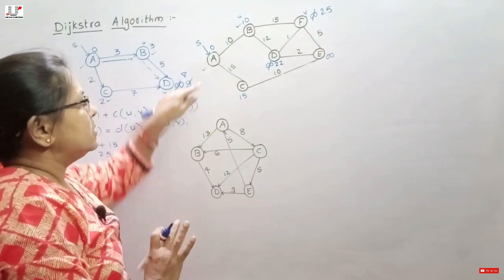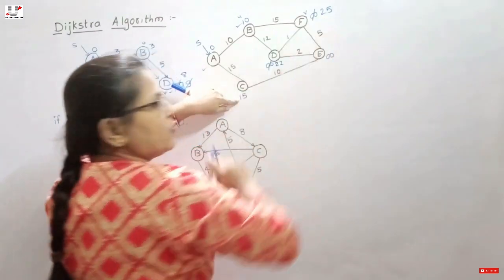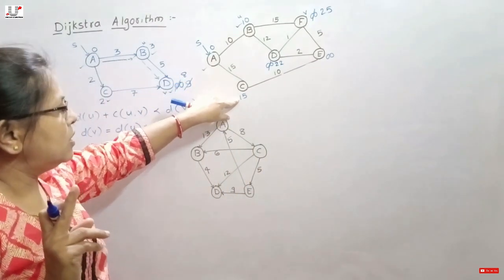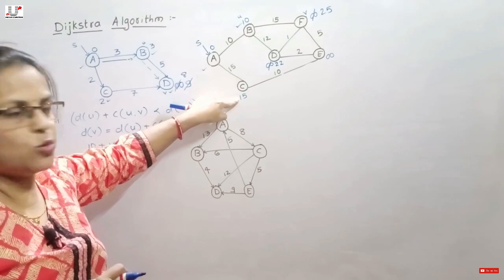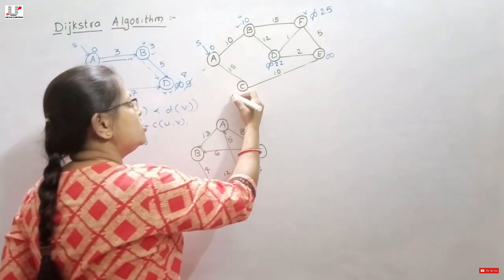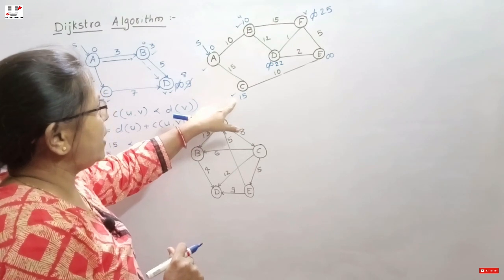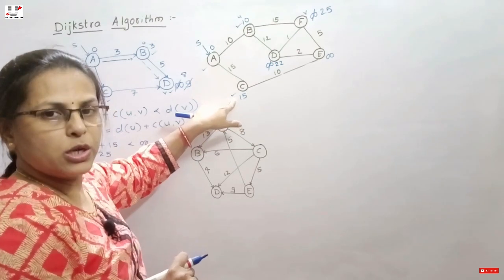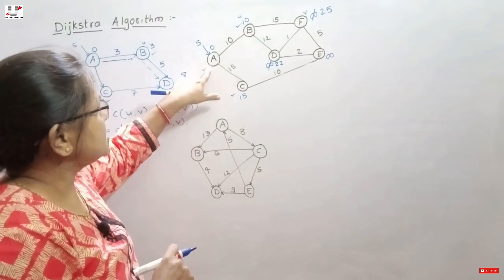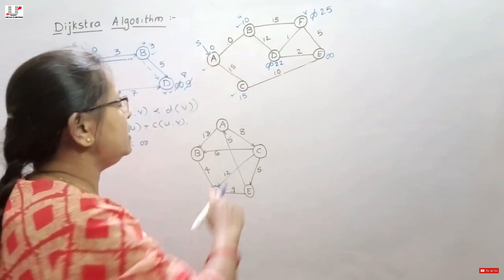Now from 15, 22, 25 and infinity, you have to choose the vertex with the smallest weight. Here C has the smallest weight, 15, so mark it as visited, and from C find the unvisited adjacent vertices of C. As A has already been visited, don't visit it again.